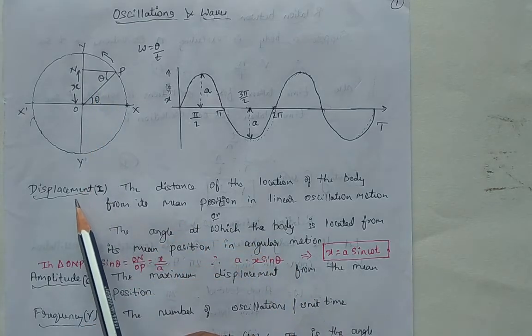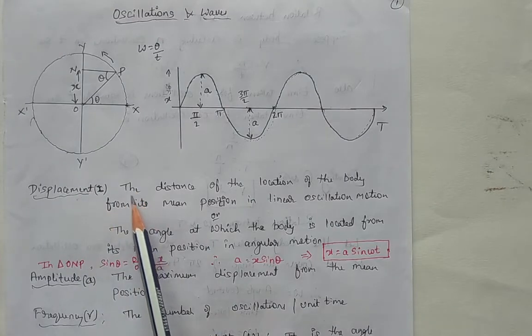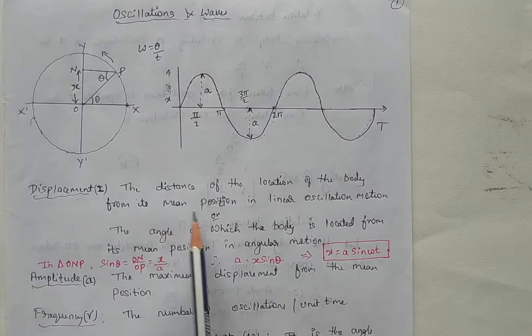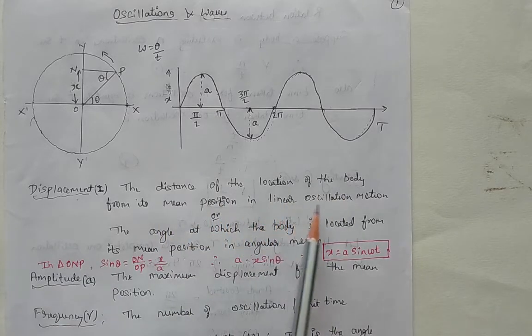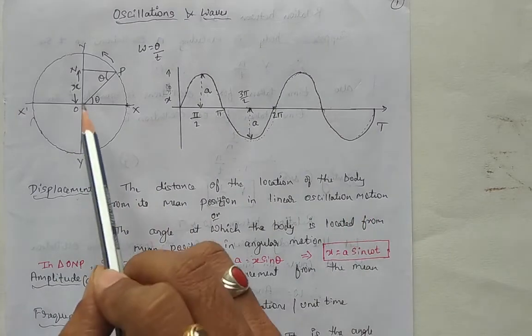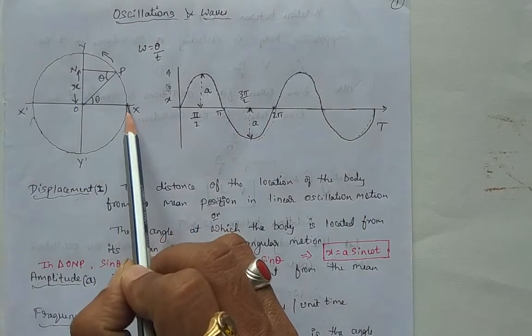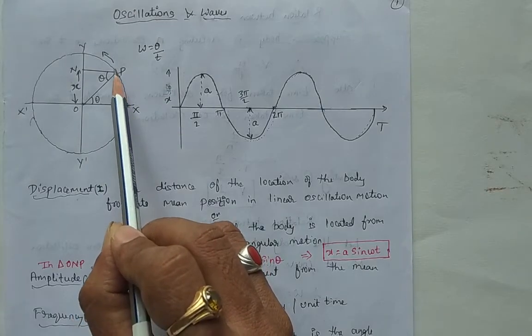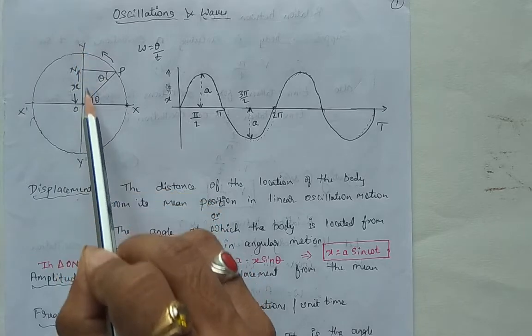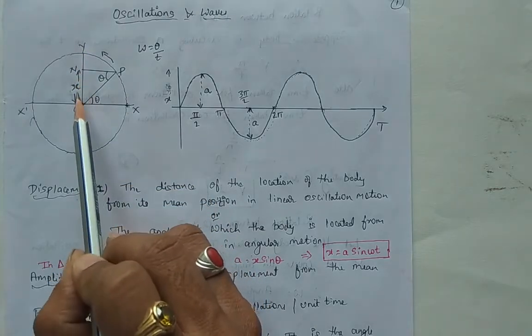Okay, the first definition is the displacement. What is the displacement? It is the distance of the location of the body from its mean position in a linear oscillation motion. It means as the point is moving, if you take its projection on the linear, that is y dash.